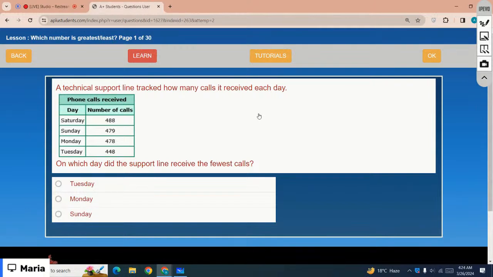Which is the day that has the fewest calls? It means you need to find the smallest number, that is 448, right? So that is on Tuesday. On Tuesday they received the fewest calls, right? You have to find the smallest number.